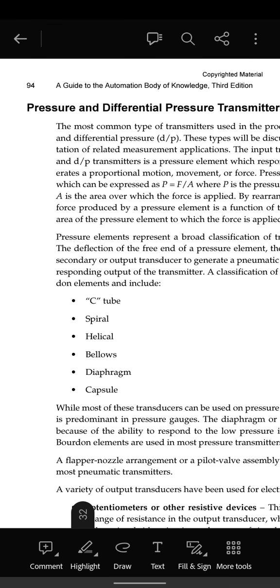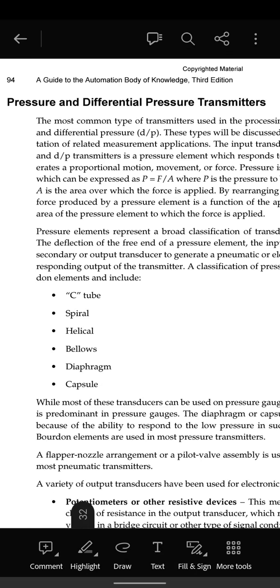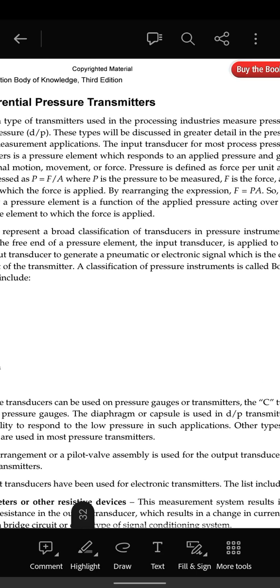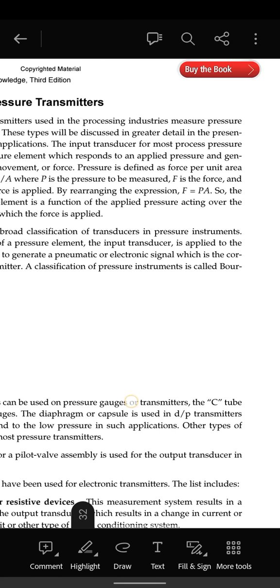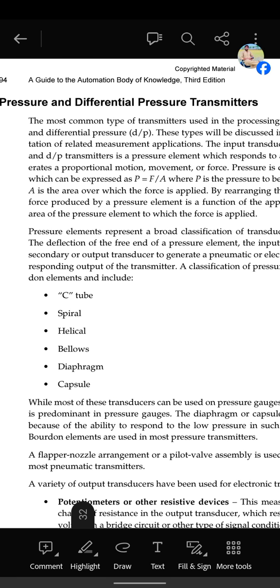The deflection of a pressure element in the input transducer is applied to the secondary or output transducer to generate a pneumatic or electrical signal, which is the corresponding output of the transmitter.